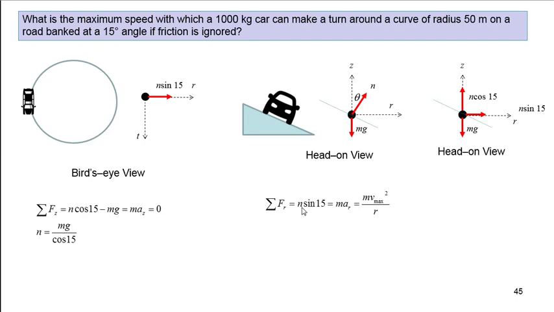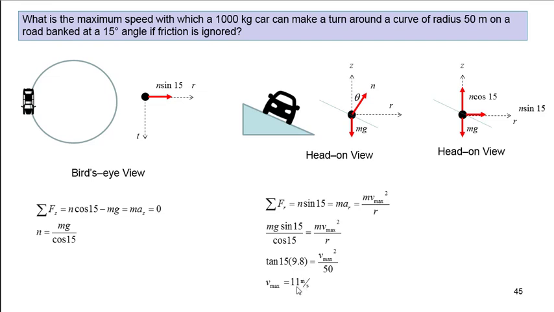So I know what my normal force is because I just solved for it here. It's mg divided by cosine of 15, so I can plug that in. So here, instead of n, I plugged in mg over cosine of 15. Then I had the sine of 15 left over. And then my m's cancel, so it does not matter what the mass is. And then I can just solve for my maximum speed. So this maximum speed is 11 meters per second.